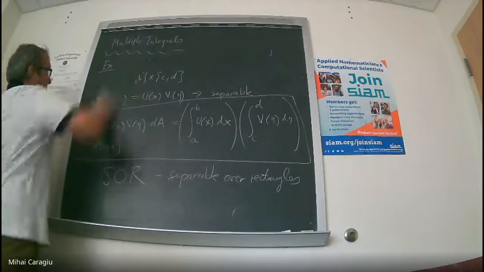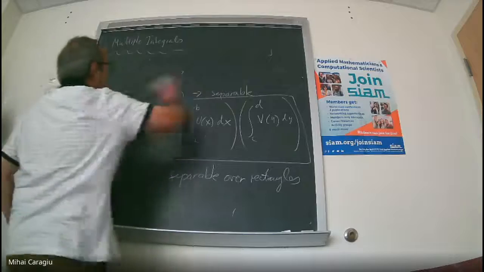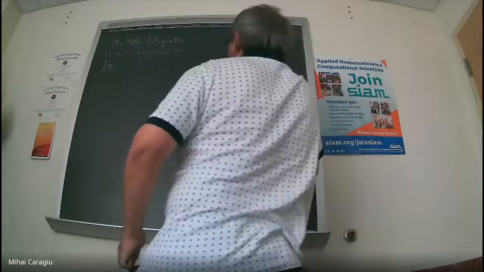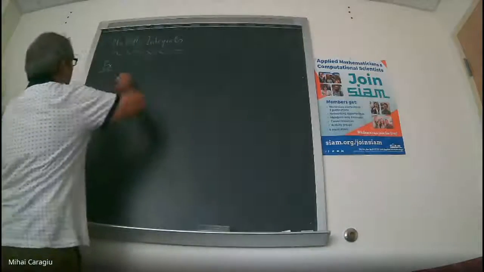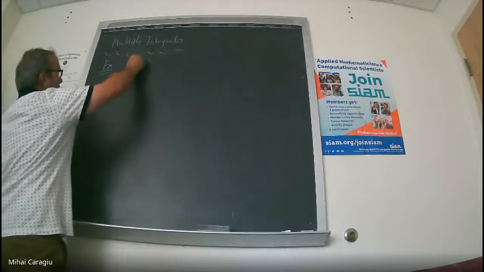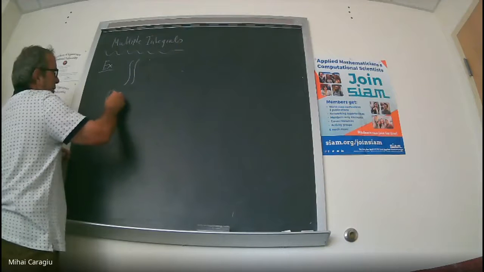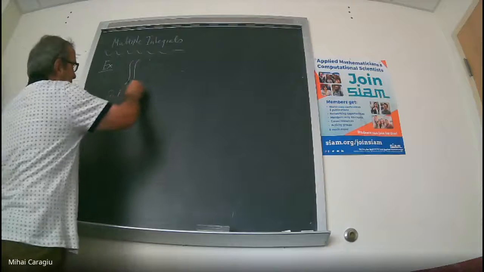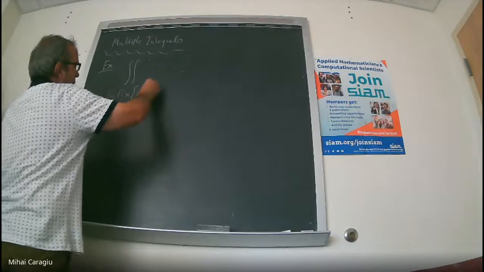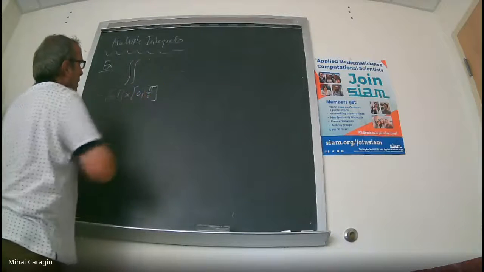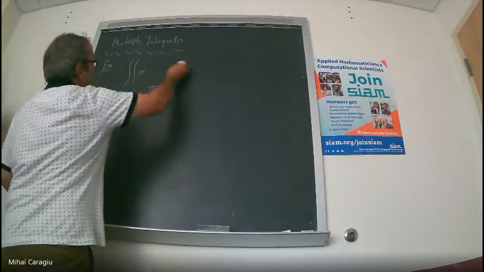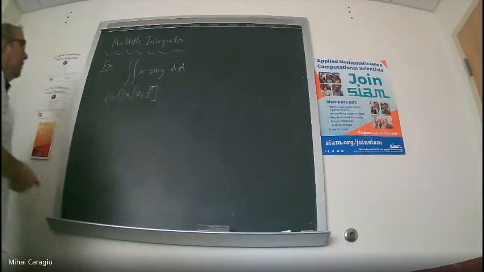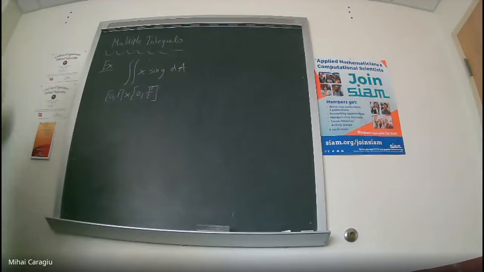Example 3. Let's calculate the double integral over the domain, the rectangle 0, 1 cross 0, pi over 2, of x sine of y dA. So how to do this integral?